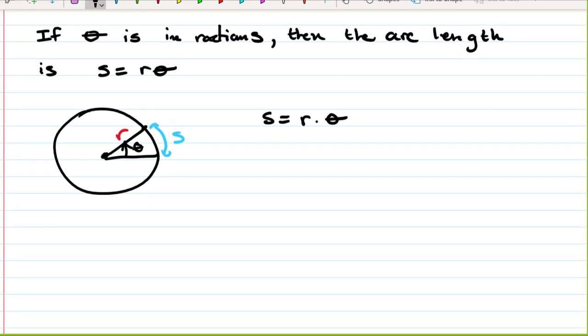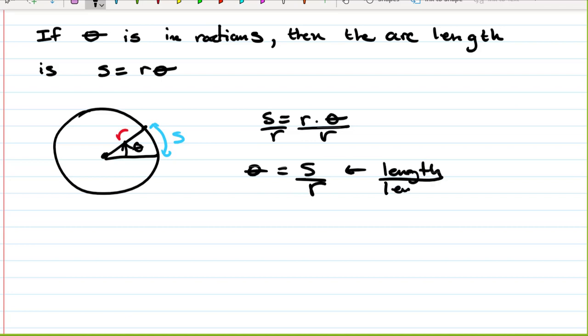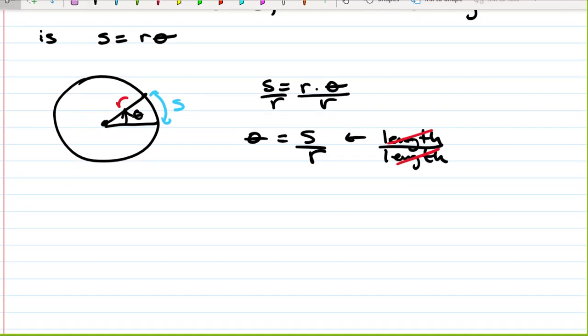If we solve that equation for theta by dividing by R, we get theta is equal to S divided by R. And if we do some dimensional analysis, S is going to be measured in some units of length, and the radius is also going to be measured in some unit of length. And then our units would reduce out. So what that means is theta is a unitless number.